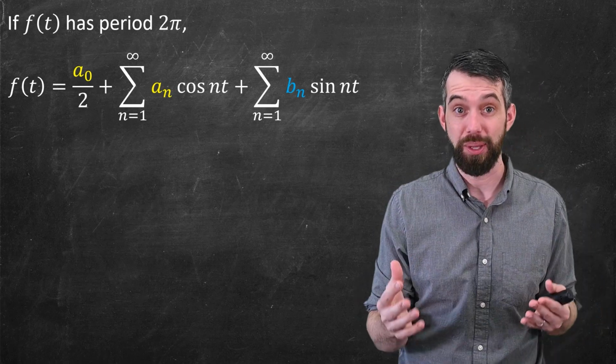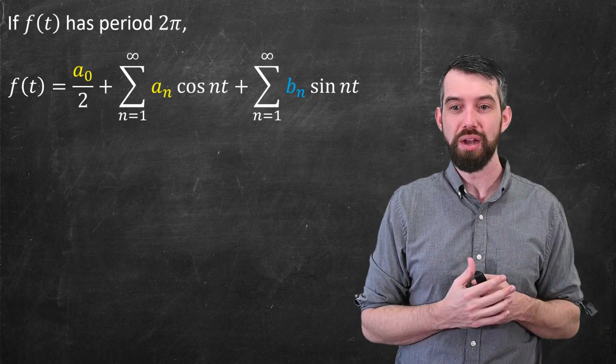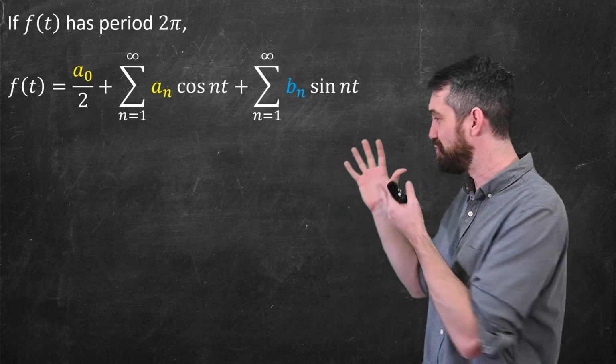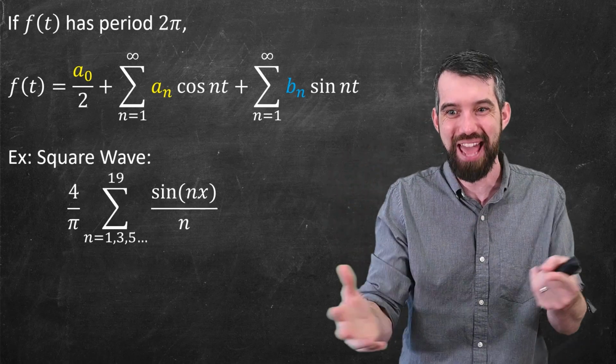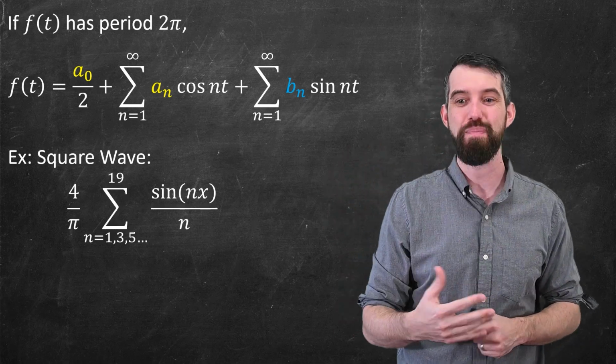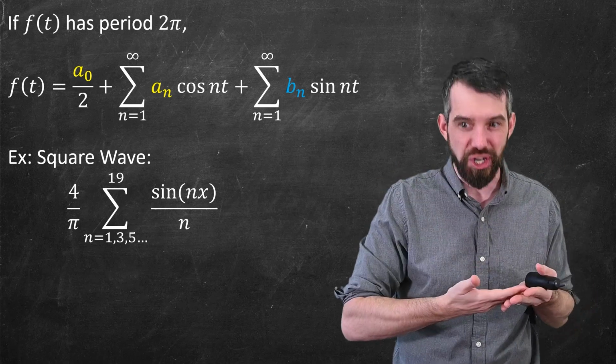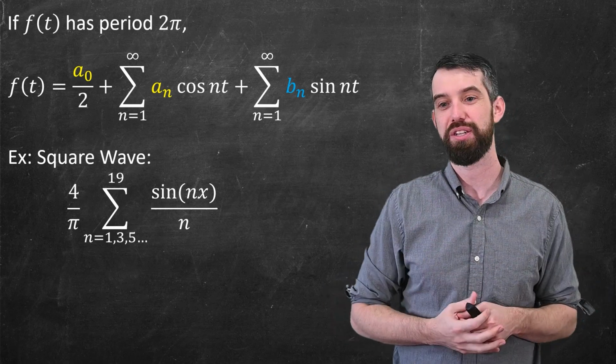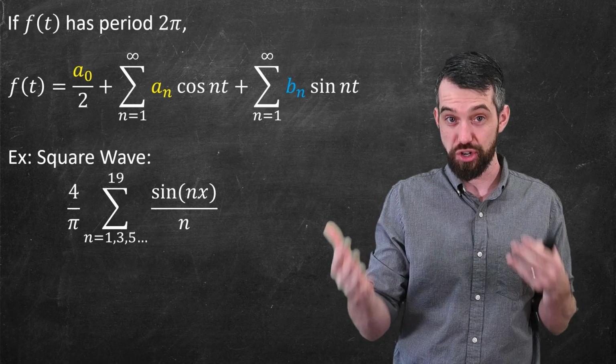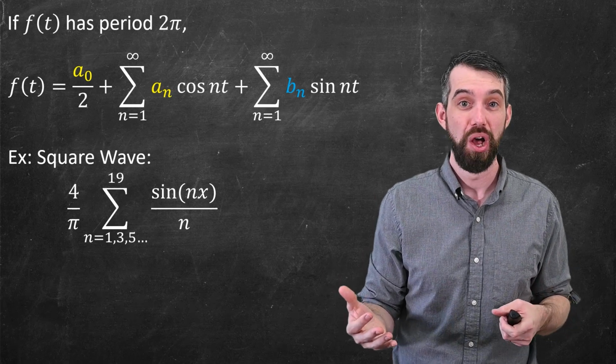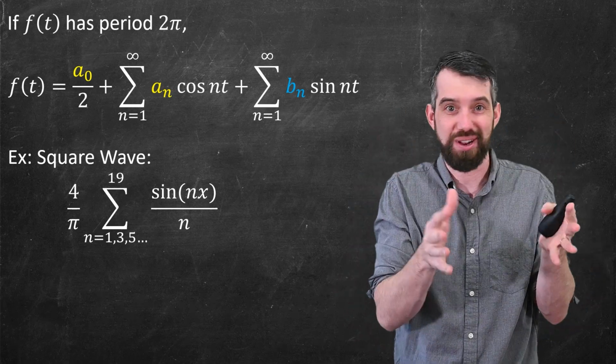So for example, in our case, where we had talked about the square wave, I gave you the answer ahead of time of 4 divided by pi and the sum of all the odd terms, sine of nx divided by n. Well, how do I interpret this? This is basically saying that all of the cosine terms are 0, because there's no cosine here.